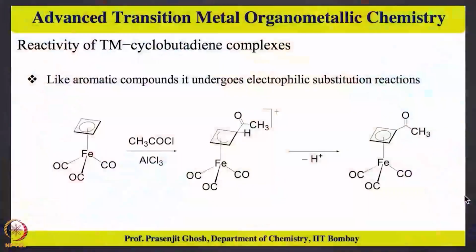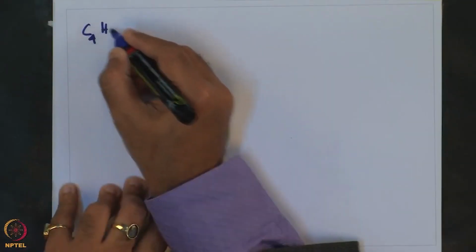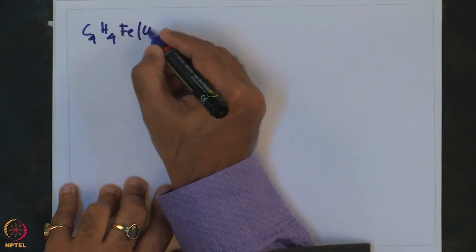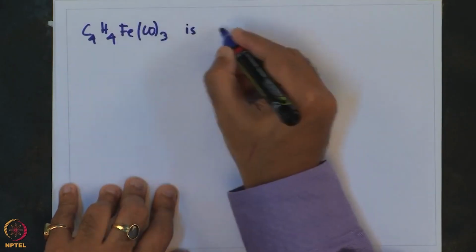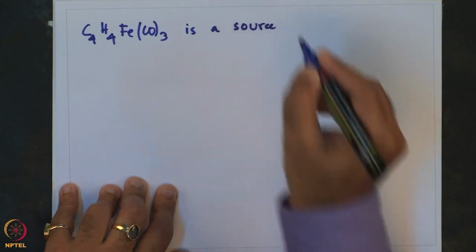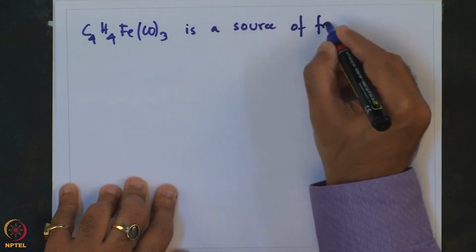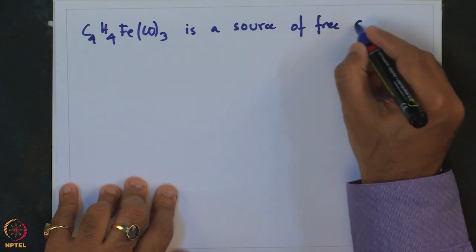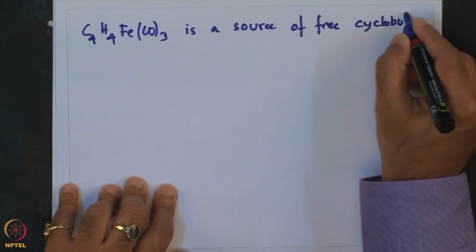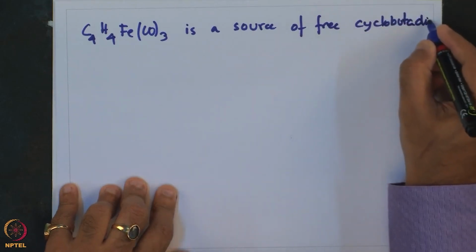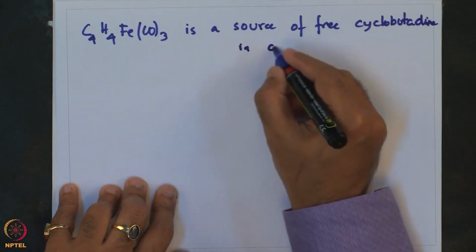Another very important aspect of cyclobutadiene transition metal compounds is the fact that they are a source of free cyclobutadiene for various organic transformations. For example, C4H4 Fe(CO)3 is a source of free cyclobutadiene in organic synthesis.